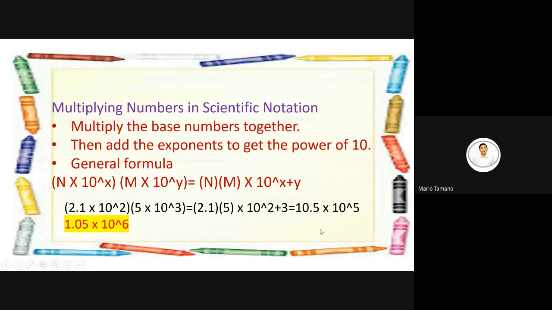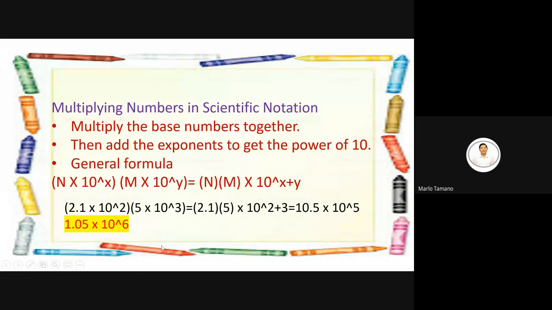Now, ang tanong ko, final answer na ba ito? Naka-scientific notation na ba siya? Hindi po, sir. Okay. This is more than 10 pa. So, yung ating number sa scientific notation, it should be greater than 1 but less than 10. So, what shall we do with this? Move the decimal point to the left. Move the decimal point 1 place to the left.